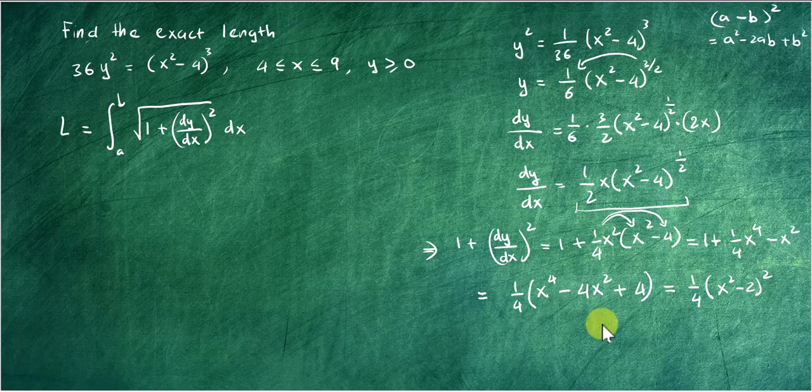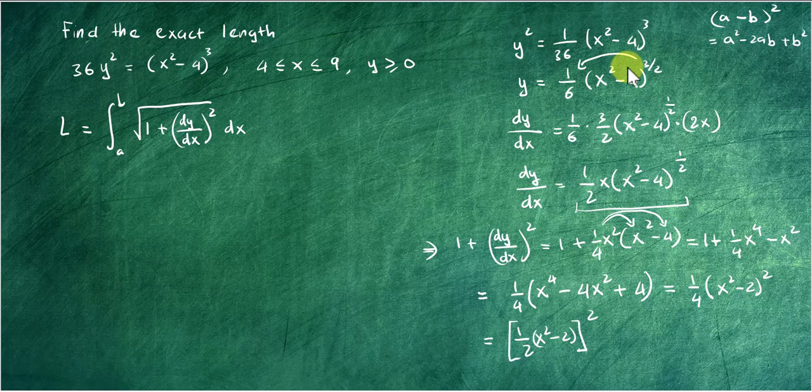So this is a perfect square trinomial. I can reduce that into (x squared minus 2) everything squared. And at this step, I can put everything together. 1/4 becomes 1/2, and then (x squared minus 2), and now everything is raised to the power of 2.